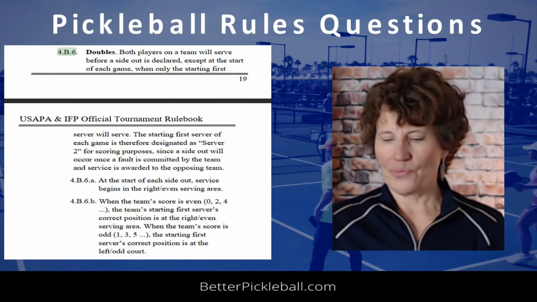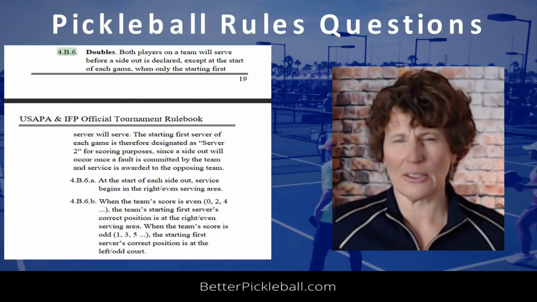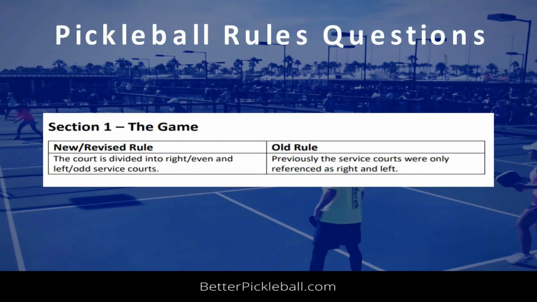So again, he asked for clarification on this. And I guess this is probably the simplest way that I can show you. Let's take a look, first of all, at the revision to the rules. Now, there is a new part in here where the court is divided into right, which is called even, and left, which is called odd. And this is different because previously they were only called right and left.